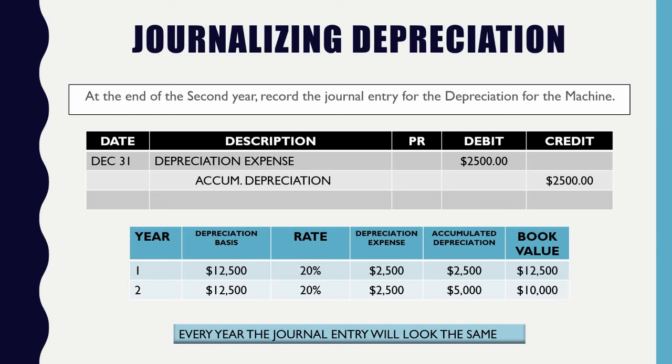In your ledger account, which is a list of all of your accounts with their respective account balances, when you journalize for year 2 and post it into your ledger, it should add up to the 5,000. So you're going to have 2 entries. The first entry for the first year for 2,500. Then a second entry for another 2,500 to get a grand total of 5,000.